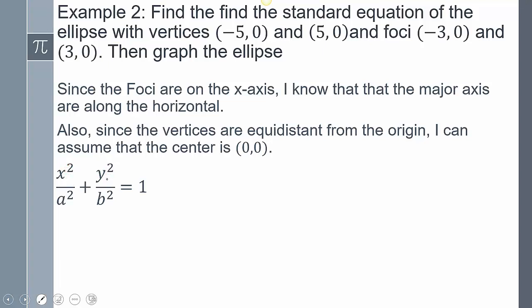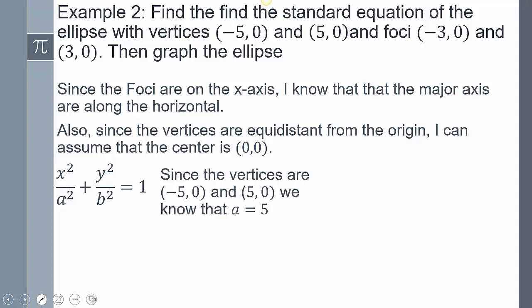The other thing is because I knew that my foci are along the x-axis, my major axis is going to be along the horizontal, and so that's why I have the equation that has my a squared under my x squared. And since I know that my vertices are -5, 0, and 5, 0, I know that my a is going to be 5.